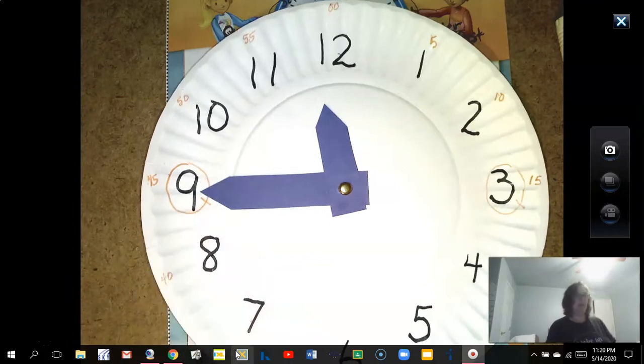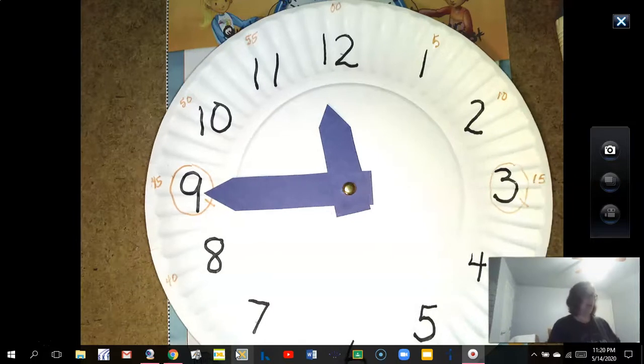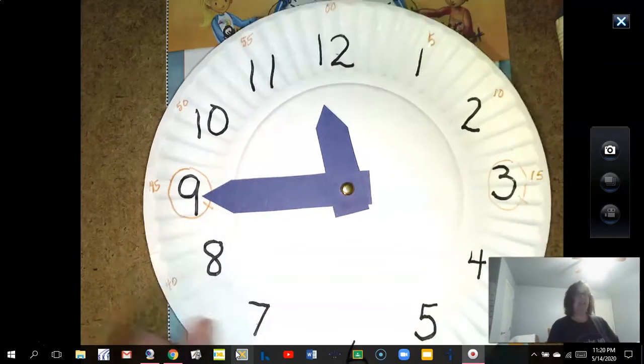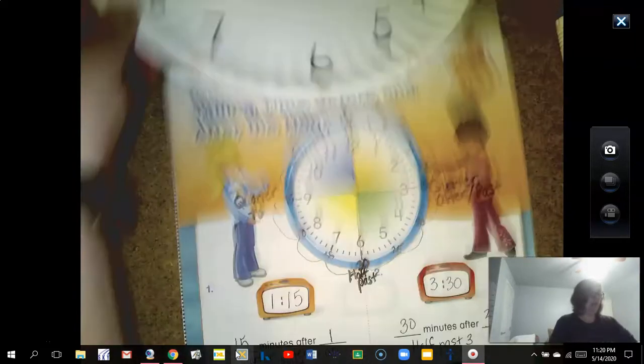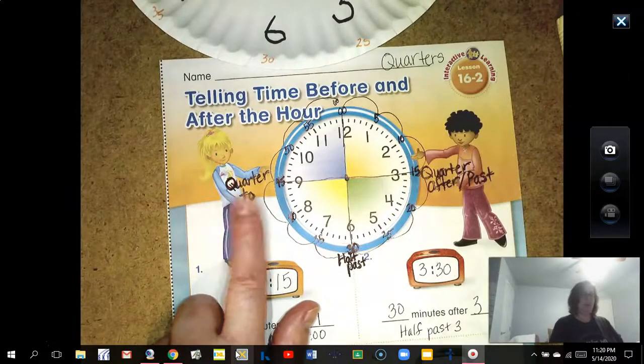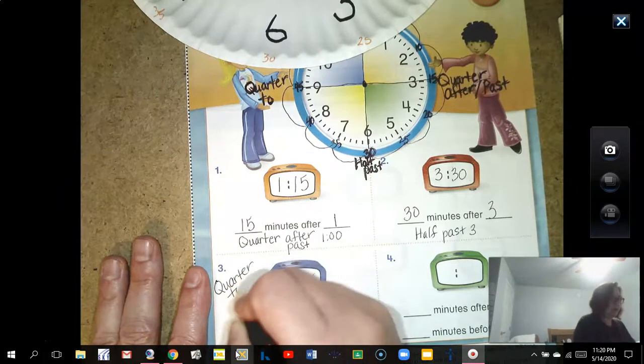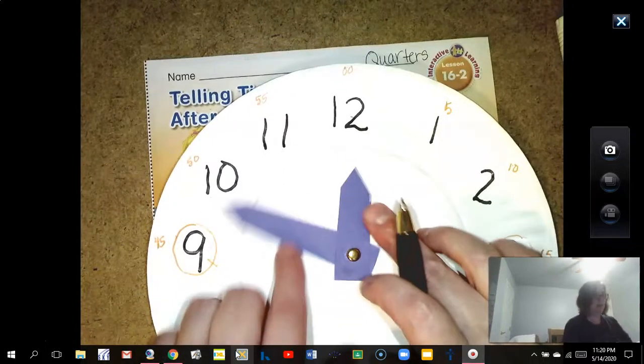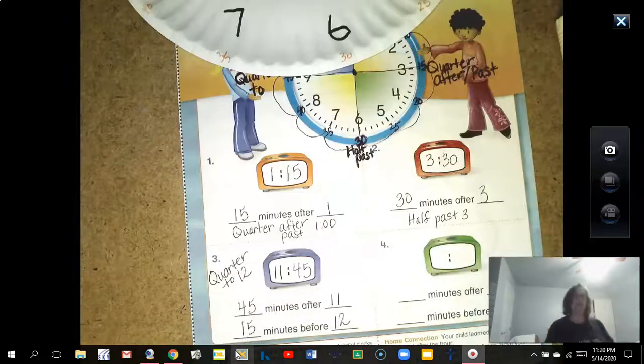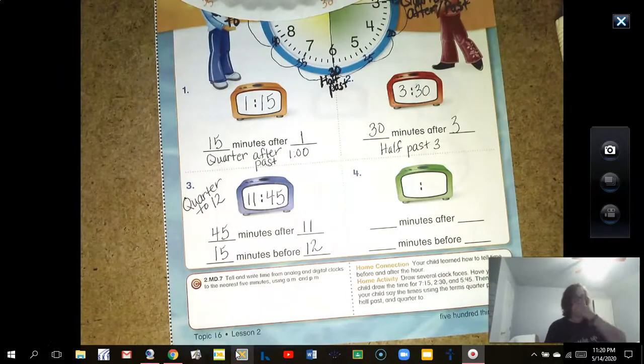So what time could that be? Now over here it's quarter after, but here it would be, yep, you can look over here. What did we write? Quarter to. So down here, or next to it, I want you to write quarter to, what time is it going to be? What time will it be when we go? Yep, quarter to 12. Quarter to 12. Okay?